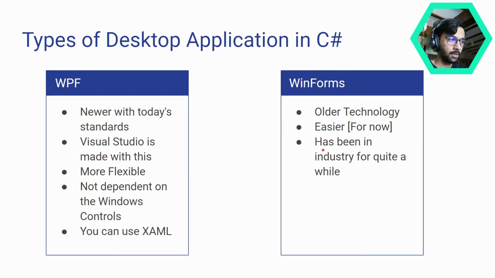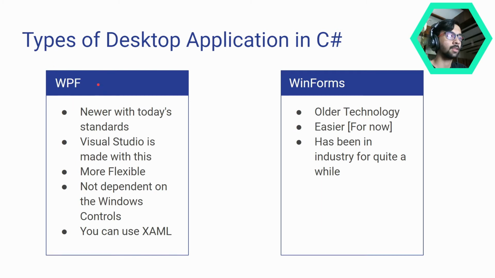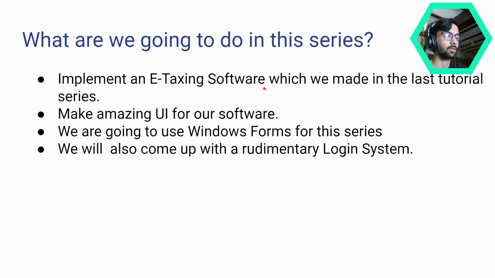Again, you can always comment down and correct me, but from what I have seen and read before making this, I think that Windows Forms will be the best way for now as a beginner to learn. But as we move on from Windows Forms to WPF in another tutorial series which I'm planning, I think that will be good to go.